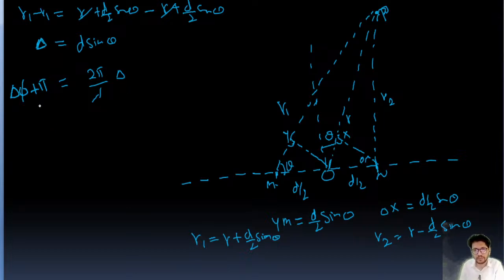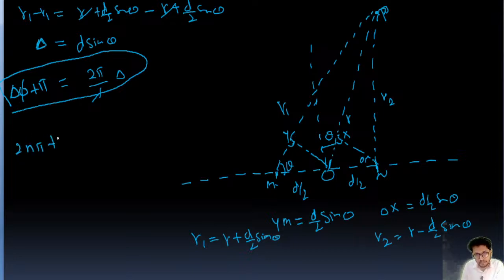This we know, right? Phase difference is 2 pi by lambda into path difference. Okay, very important point. So delta phi value is 2n pi, plus pi is equal to 2 pi by lambda into d sine theta. Pi will get cancelled, and this is 2n plus 1 upon 2, we will take here.